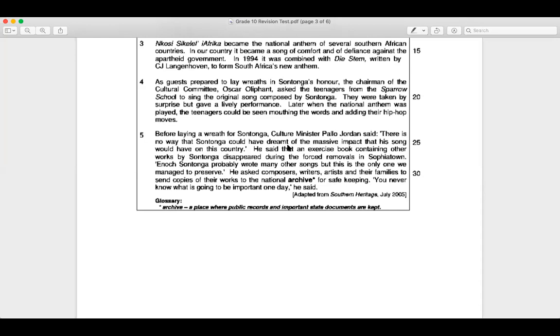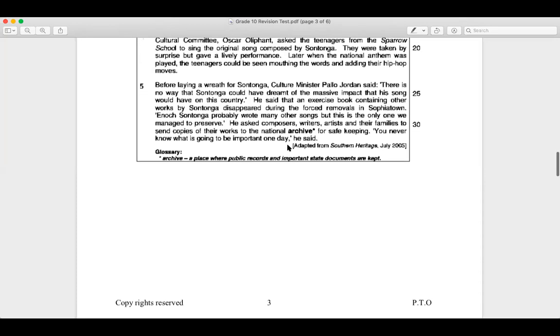Later, when the national anthem was played, the teenagers could be seen mouthing the words and adding their own hip-hop moves. Before laying a wreath for Sontonga, Culture Minister Pallo Jordan said, "There is no way that Sontonga could have dreamt of the massive impact that his song would have on this country."